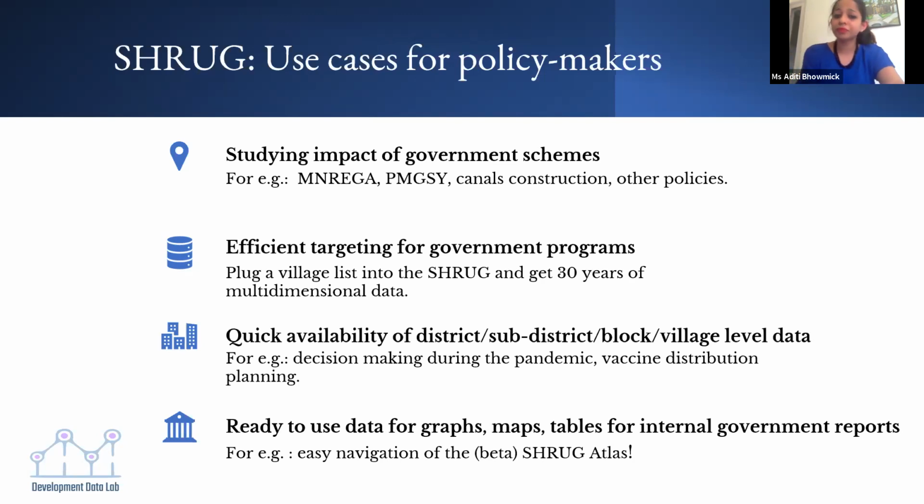The other point is the data is ready to go. It's plug and play, right? If you know what you want, you can literally go into the platform right now, download what you need, and work with it. In fact, a lot of our journalist friends at the Hindu have been doing that. I don't know how many of you follow the data point little figure that appears in the Hindu. I want to say every day.